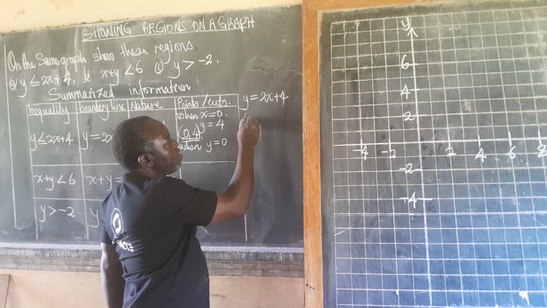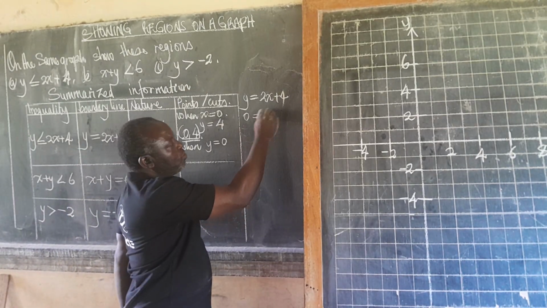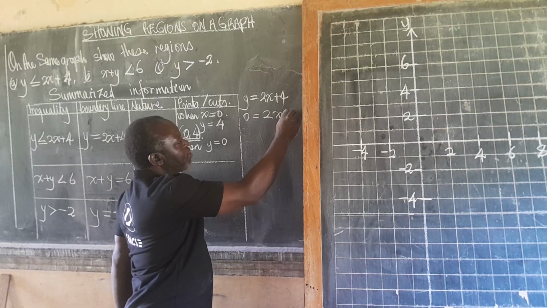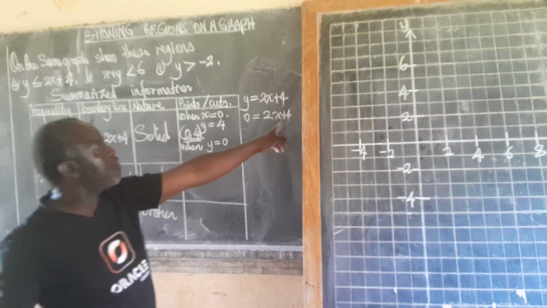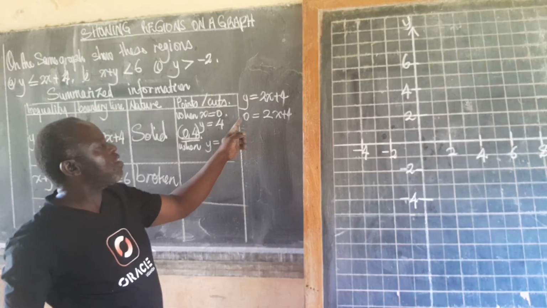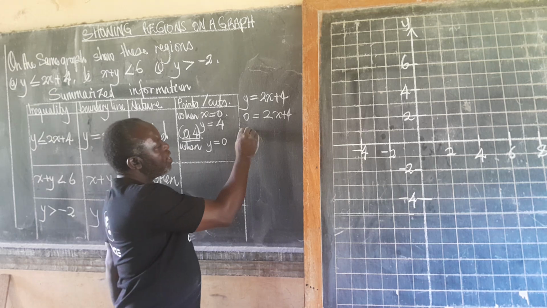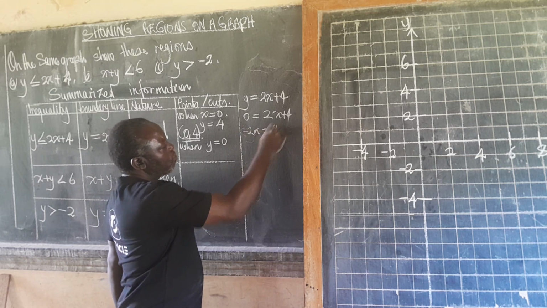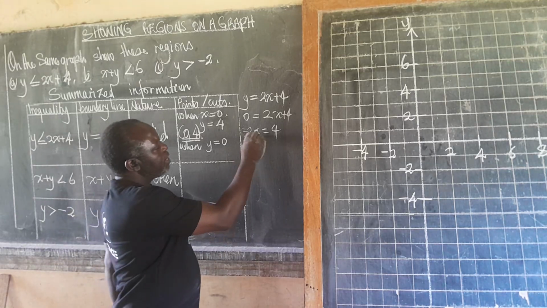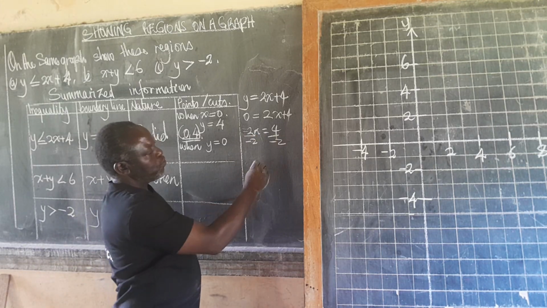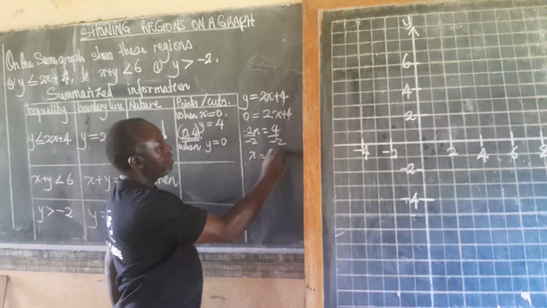We are going to say 0 equals 2x plus 4. This 4 is going to come to this side, and so we are going to have negative 2x equals 4. Therefore, our x, when divided by negative 2, is going to be negative 2.